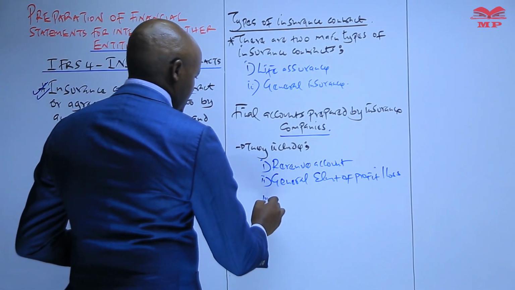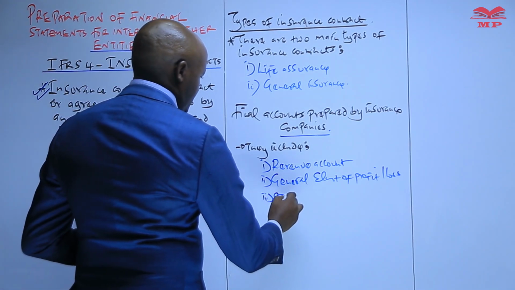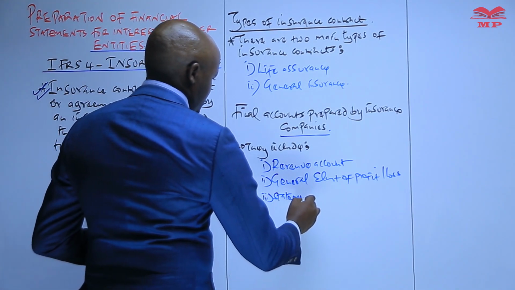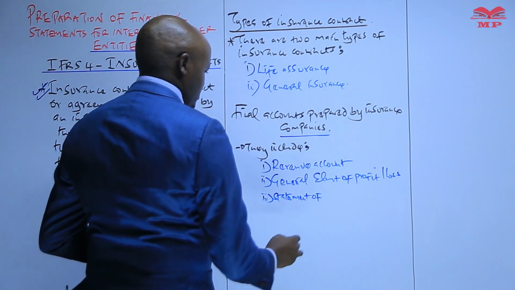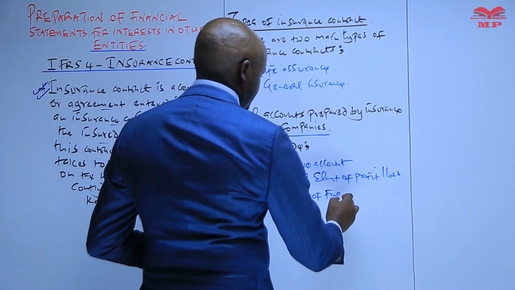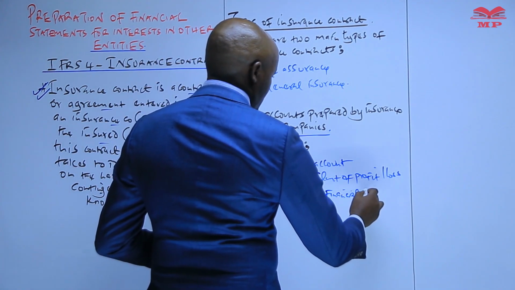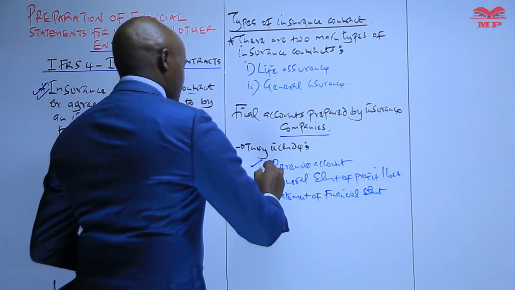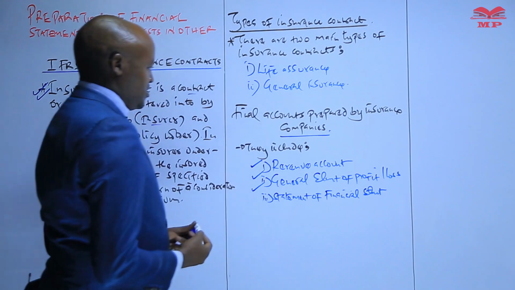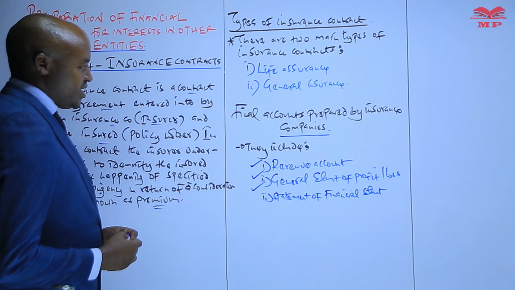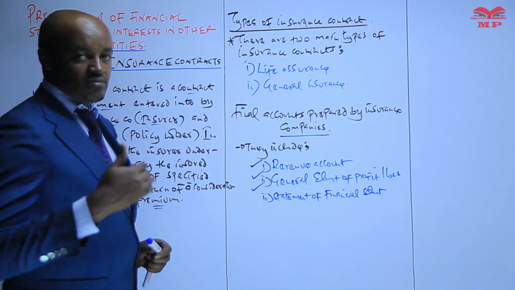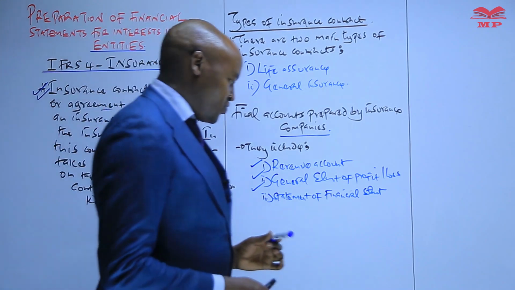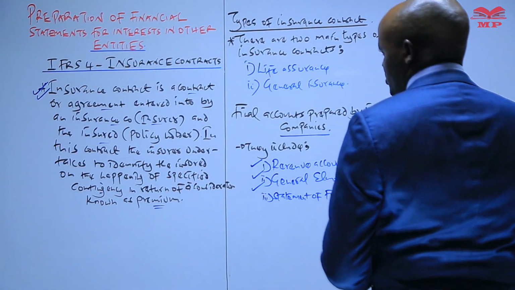And number 3, we have the statement of financial position. So these are the 3 final accounts which need to be prepared by insurance companies offering insurance contracts to their customers, or basically to their clients.